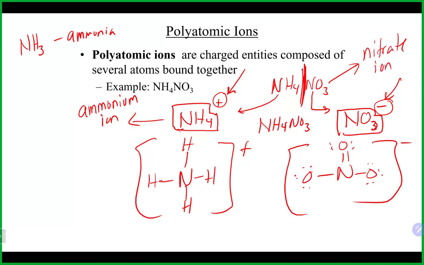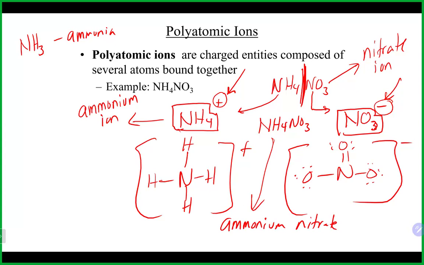The good news or bad news, I don't know, with polyatomic ions is we pretty much just use the whole name of the polyatomic ions when we go and name it. So that is ammonium nitrate. So polyatomic ions, regardless of how many you have, you never change the name. It has a fixed name that goes with it.